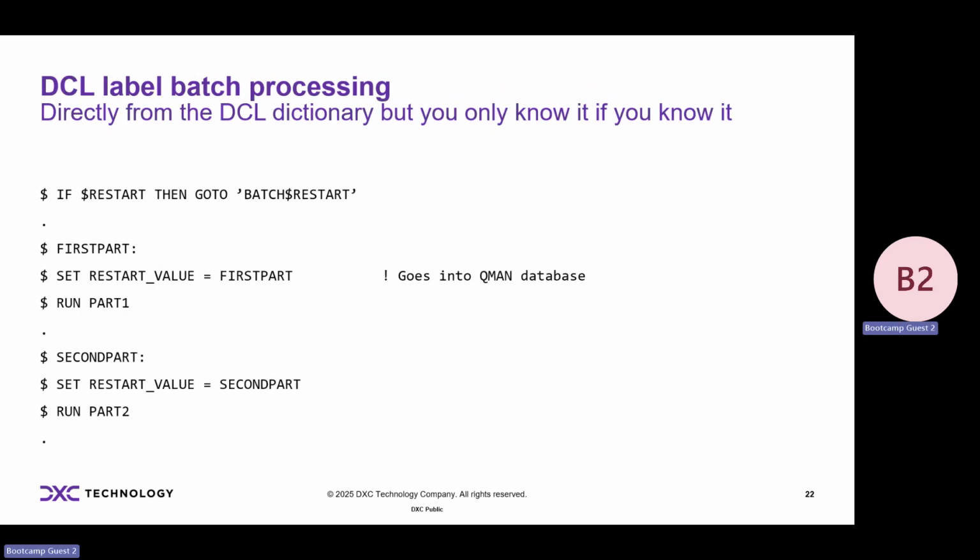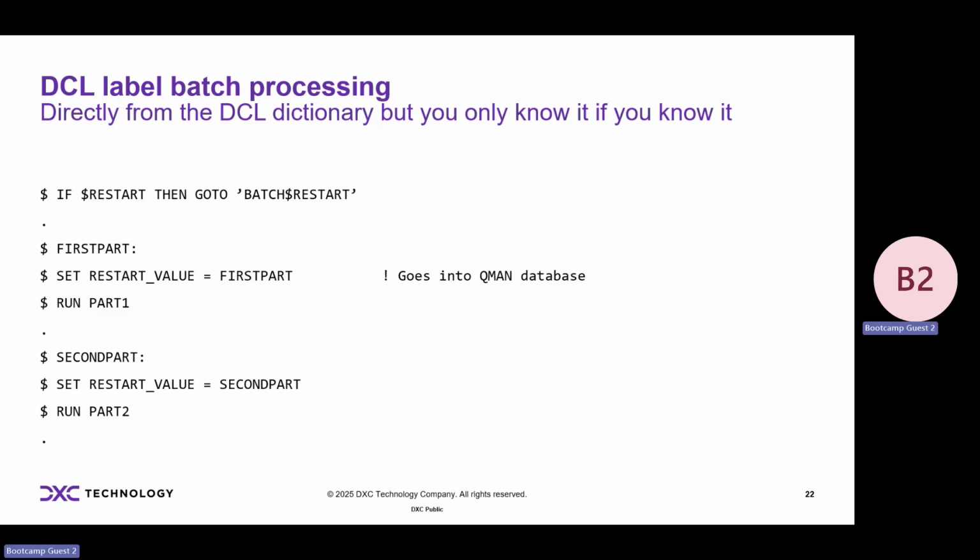Right, DCL label processing in batches. This is in the documentation, but it's not often talked about. So batch $restart. If you put this into your command file at the beginning, let's say you've got a long batch job and your system fails partway through. What you do is you create labels in your command file, and as I say, this is taken directly from the manual.